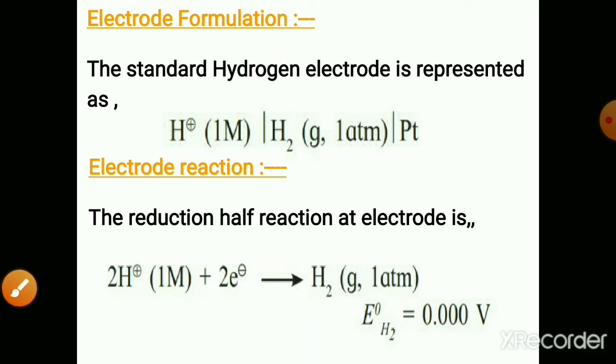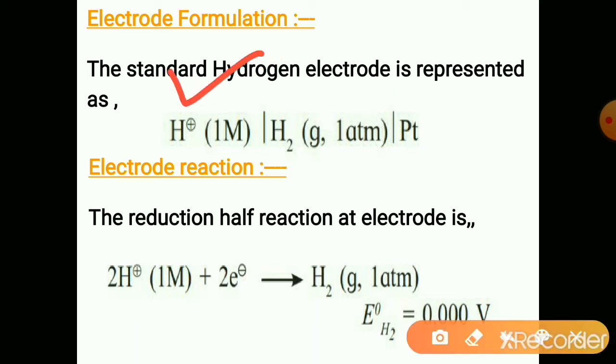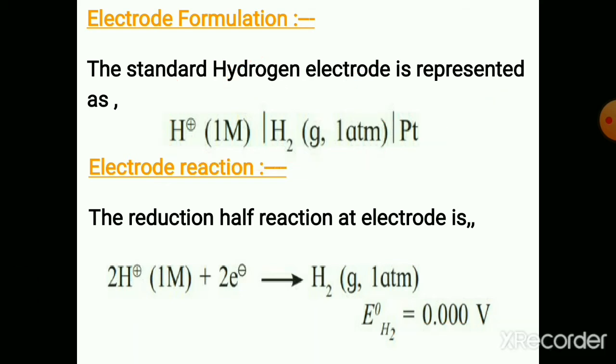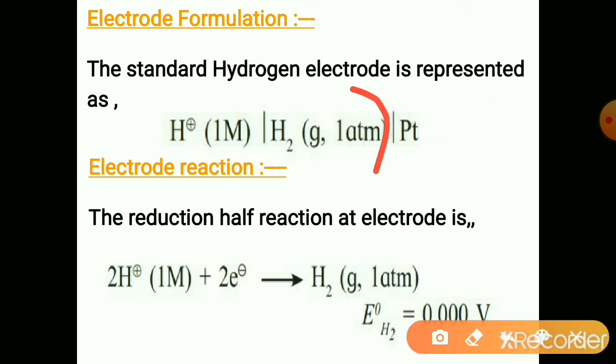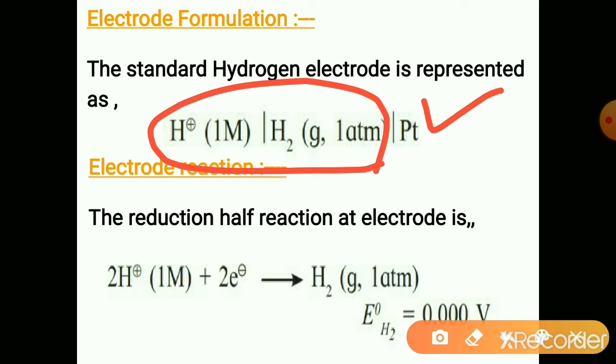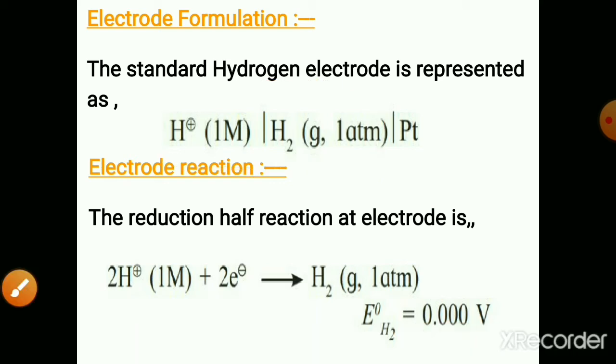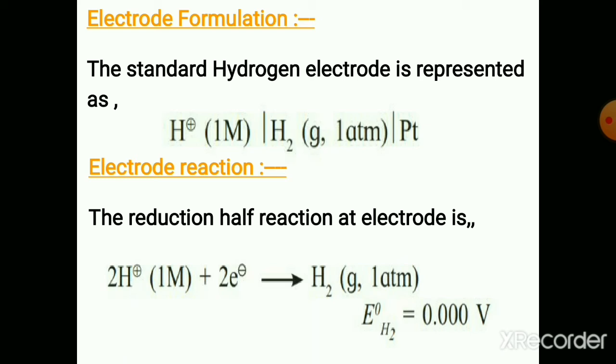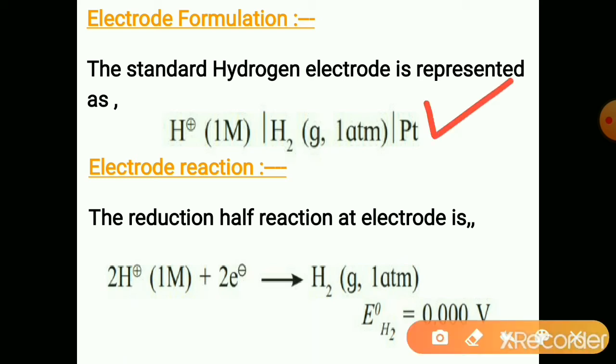So here we first show the H+ ions, which are in contact with the hydrogen gas, and in turn all this is in contact with the platinum electrode. This reaction takes place on the platinum electrode. Platinum is inert and does not take part in the reaction; it just provides the surface area for the reaction to occur on it.